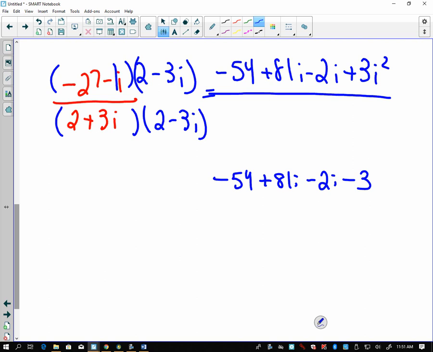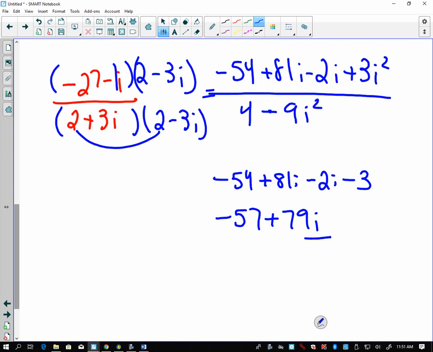So we've got negative 54 minus 3 is negative 57, and then we get 79i. So that's how the numerator breaks down. In the denominator, we've got 2 times 2 is 4, and this is a sum and difference, so 3i times negative 3i would be negative 9i squared.